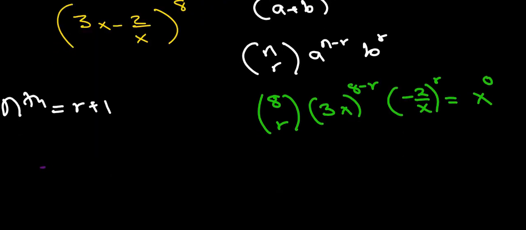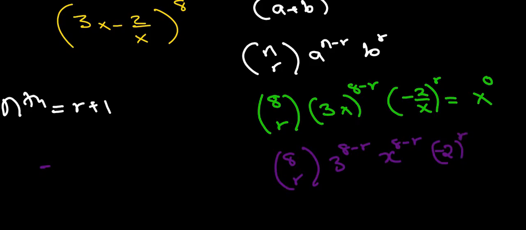From this expression, you're going to rewrite this as 8 choose r, then 3 to the power 8 minus r, x to the power 8 minus r, get the number 2 to the power r, and get the x as well, x to the power r. Then equate this to your x to the power 0.